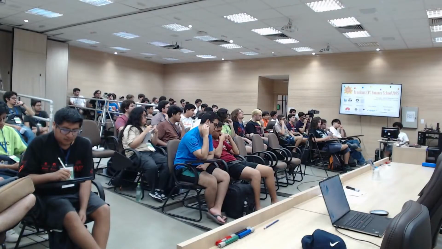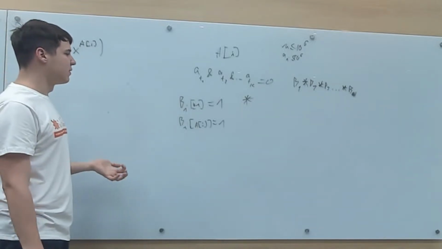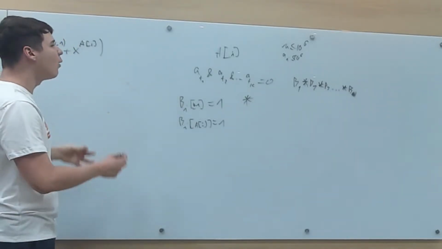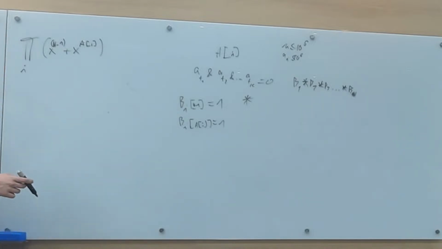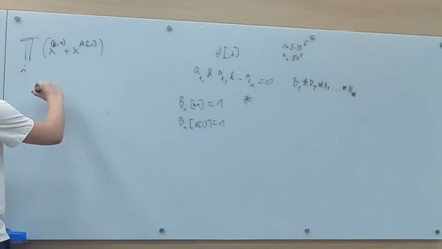Okay, but this is obviously not the solution, this is just for a single B. How would we do that? If we were to do it naively, we would do something like this.